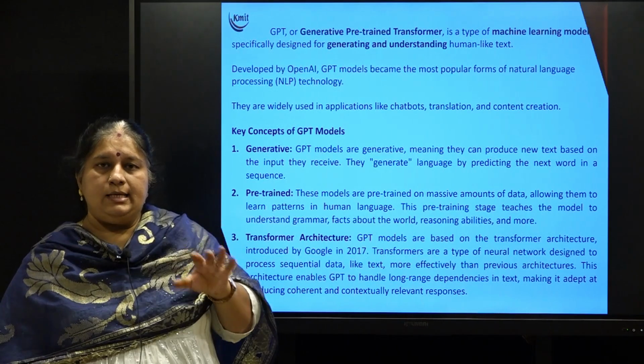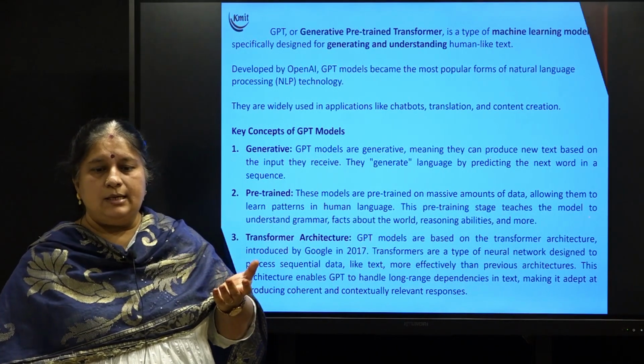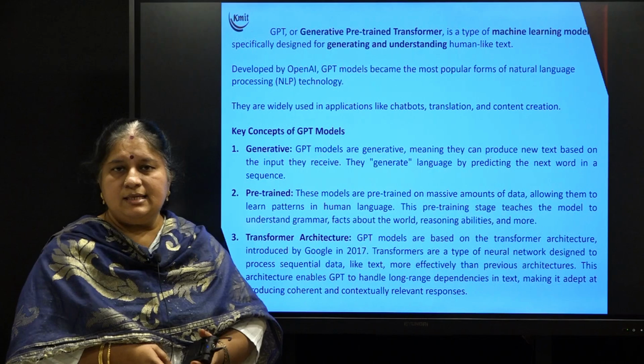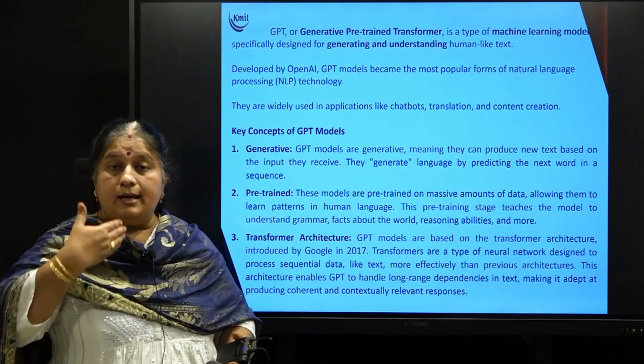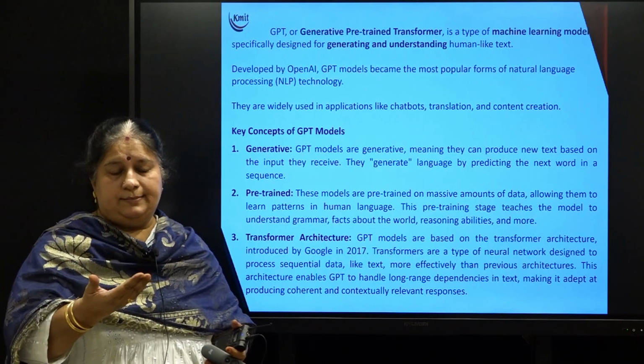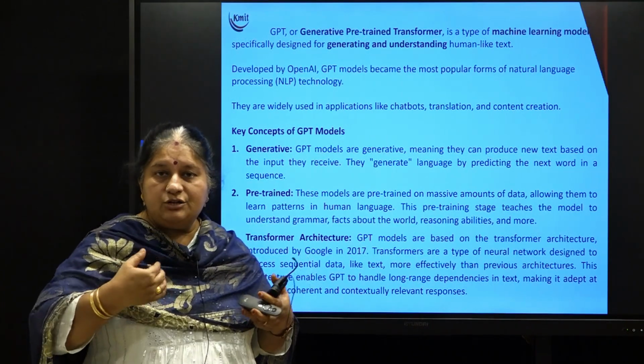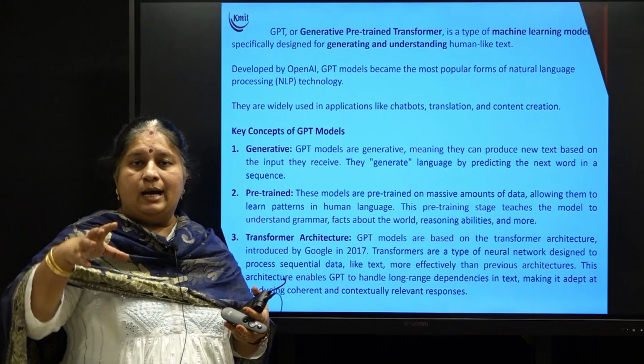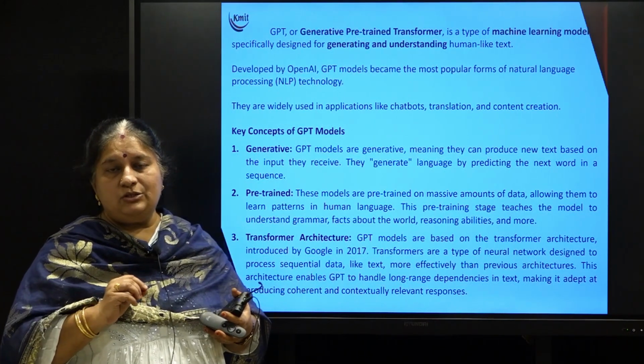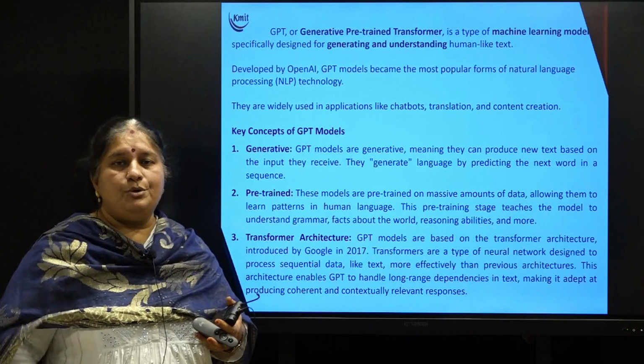Unlike the existing text processing systems, they are not simply processing the text and giving a result, they are able to generate new text. How are they able to do that? They are trained on the language and understand the patterns of the language, and they are able to generate new content.